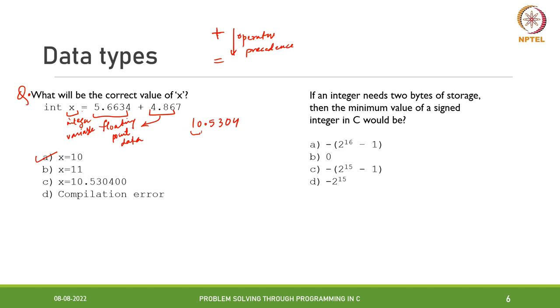In that case, certain parts will be dropped based on what your value is. Here it is 10.53. There is no rounding up or down that happens. So you just have 10 here. That's x equals 10.